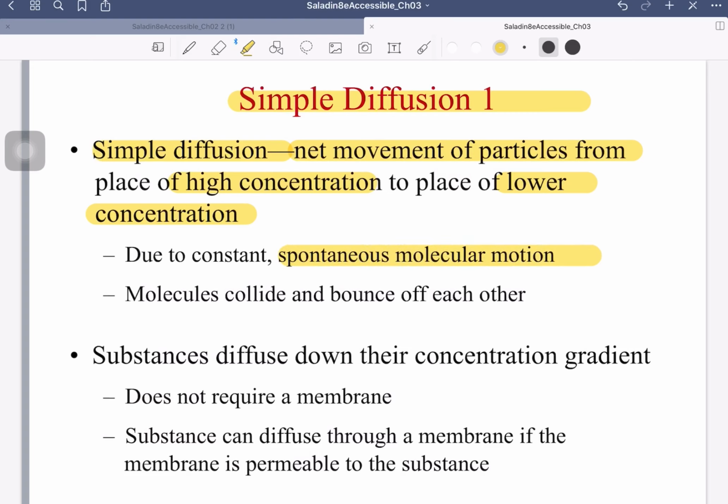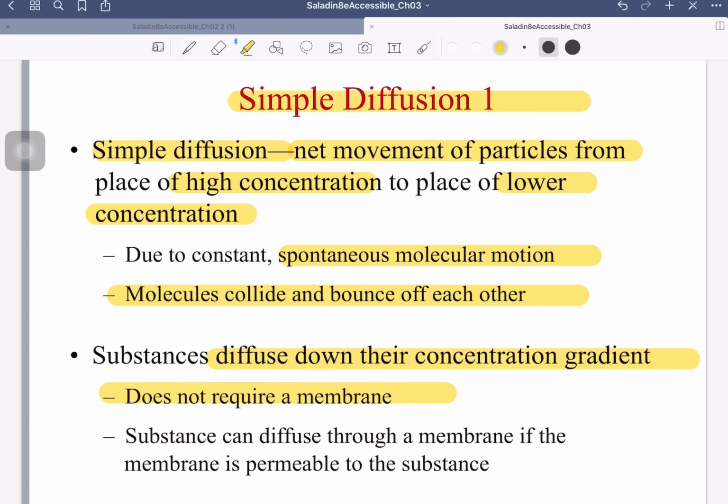I always think of, if you've ever been to an amusement park and you see those bumper cars, it's kind of like that: the molecules collide and bounce off each other. Not surprisingly, with simple diffusion, things go from areas of high concentration to areas of low concentration. They diffuse in that direction, and of course, we call that diffusing down their concentration gradient.